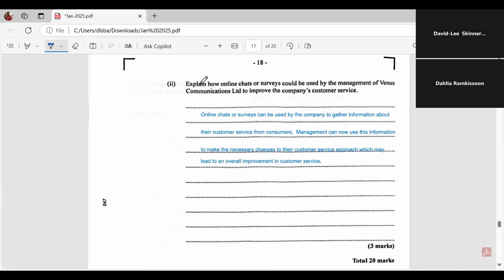So if I do a survey and 10 customers say that they find the customer service reps are not trained on how to talk to customers, I could thank them for the feedback and conduct some training exercises with my customer service reps. So hopefully the customers will see an improvement with how the customer service reps communicate with them, which would improve the company's overall customer service.